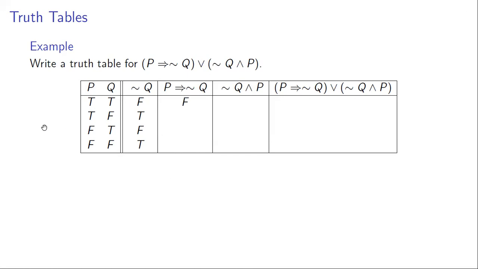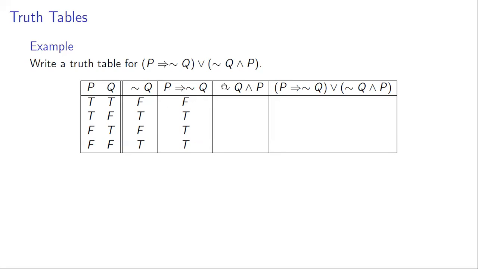So this should be false according to the truth table for the conditional. Next, in the case that P is true and not Q is true, the result is true. When P is false and not Q is false, the result is true. In the case where P is false and not Q is true, the result is true. Okay, so we've done if P then not Q.